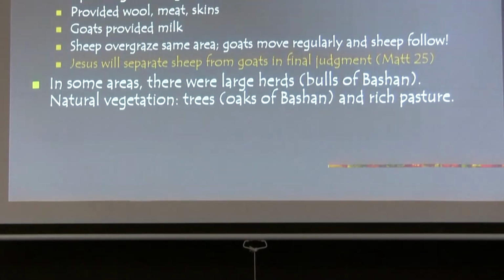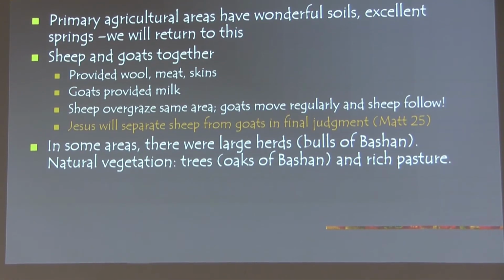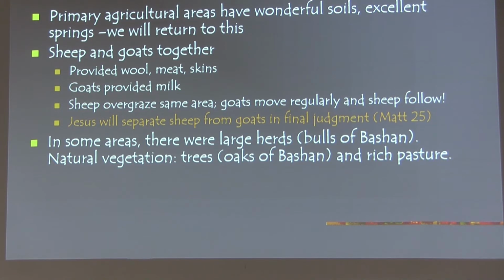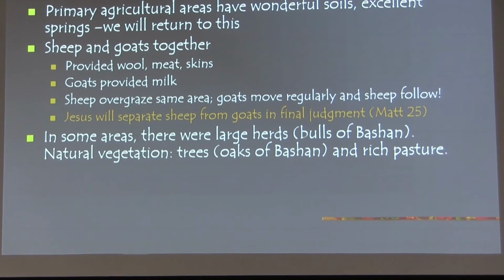At any rate, moving along, we have other indications in the biblical text that there are also herds, and we also have indications of trees, rich pasture. So even though you look sometimes at pictures of the land, people that have come back, and it seems to be very dry and barren, in the rainy season, it's not.